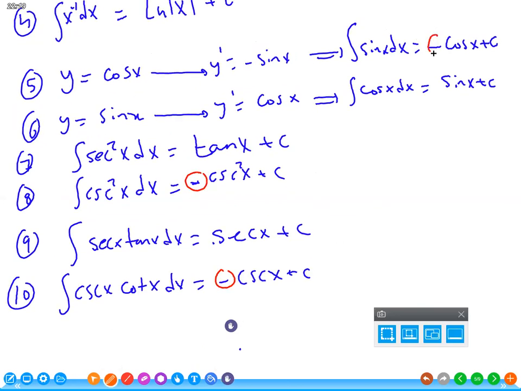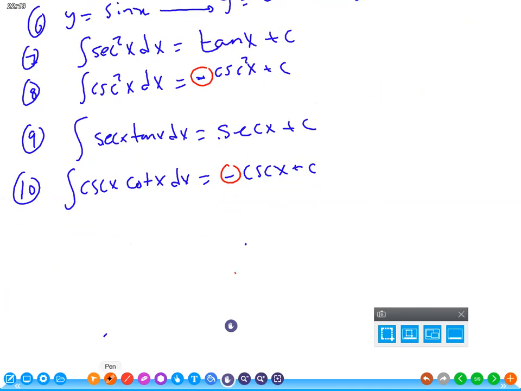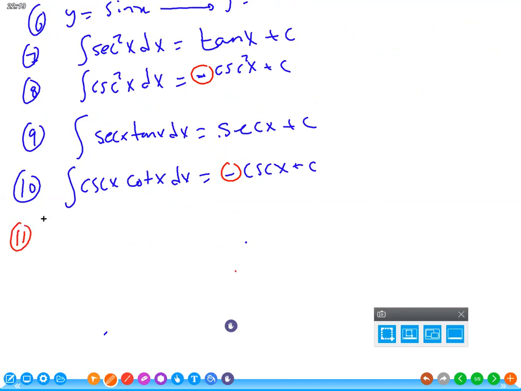So about the trigonometric functions, we have these 6 rules. Up to now, this is 10. For exponential, 11, we have 11 rules in the table. e to the x dx is e to the x plus c, the antiderivative. Clear?